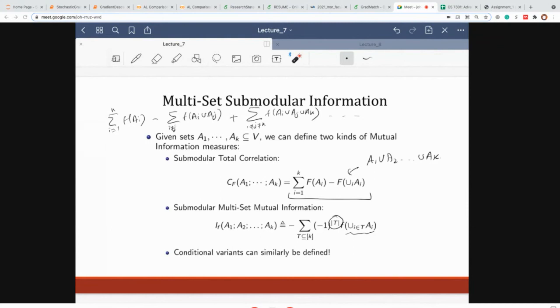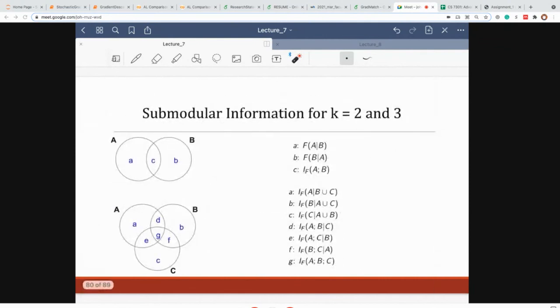And this is what this concept is, but extended to k sets. Okay. All right. So this is just an intuition of the mutual information. From a Venn diagram perspective, you have these sets A and B, and then you have A, right?